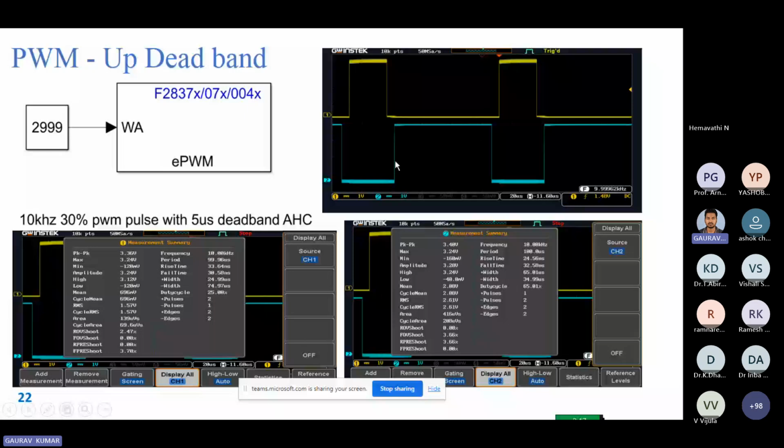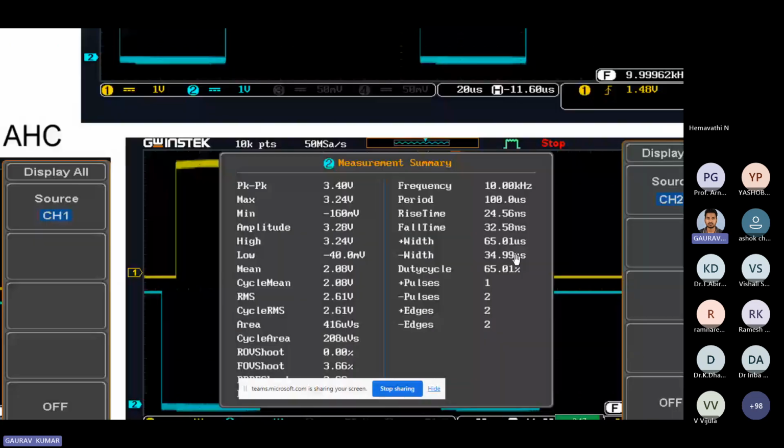Similarly, for the second one, I have told you it will increase the delay, so the 5 microsecond delay is added. Previously the width was some 60%, a 60% duty cycle. The complementary one, if you see, has a 70% duty cycle. 30 and 70 are there.